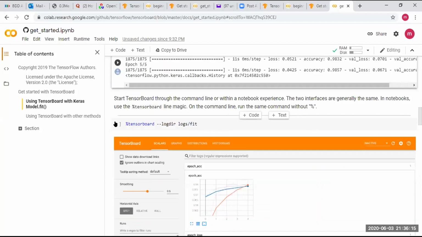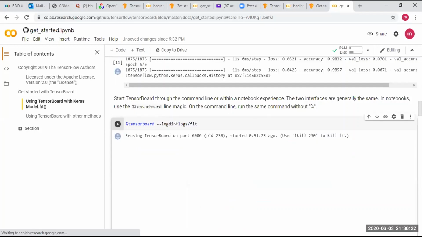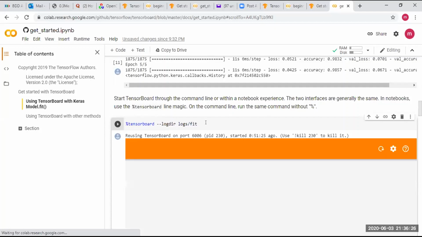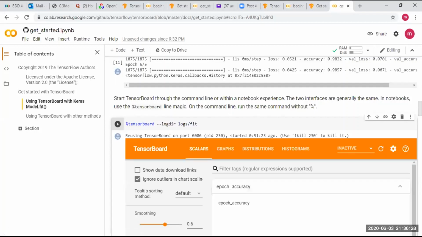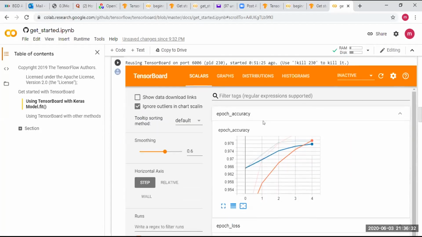Then we call the Tensorboard. So calling the Tensorboard uses this function, log dir logs dash fit. So the most important thing I want to show you is here you have the outputs.